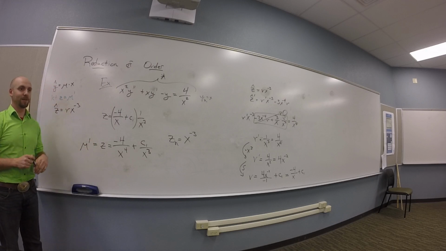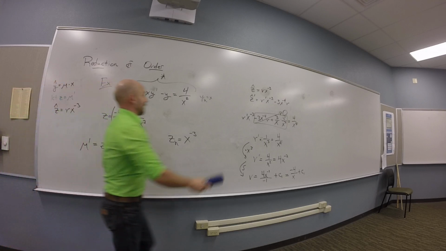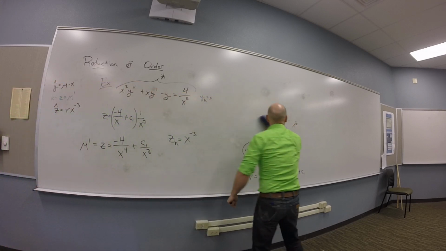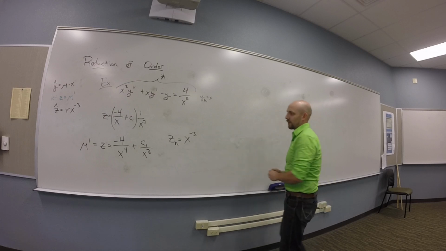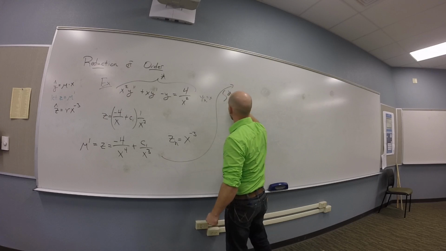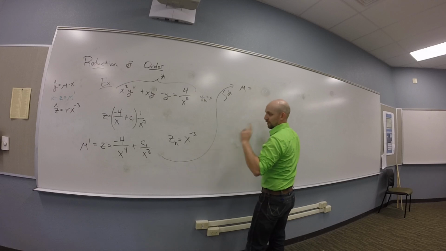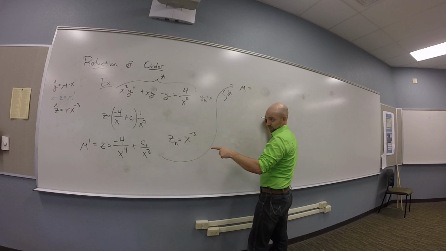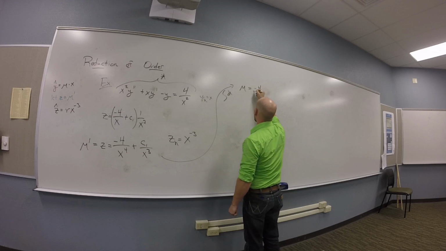You guys see why I didn't want to keep the mu prime all the way through that? Okay. And take the integral and get back to mu. So if I take that thing and hit it with a d-eater, that's going to get me mu is... minus 3.